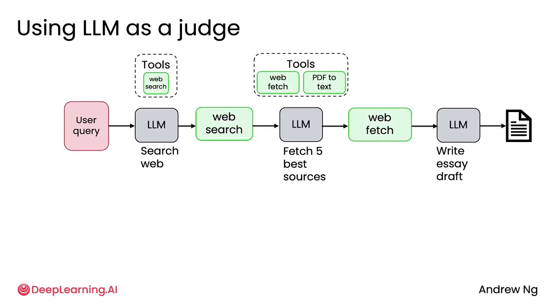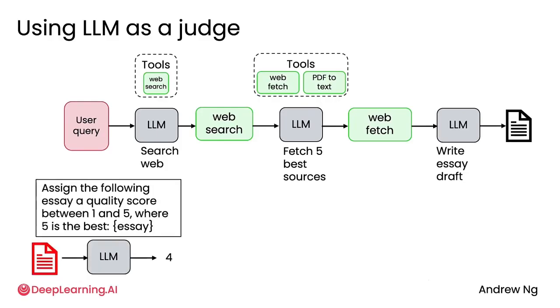So for example, if you're building a research agent to do research on different topics, then you can use another LLM and prompt it to maybe say, assign the following essay a quality score between 1 and 5, where 1 is the worst and 5 is the best essay. Here I'm using a Python expression to mean copy paste the generated essay into this. So you can prompt the LLM to read the essay and assign it a quality score.